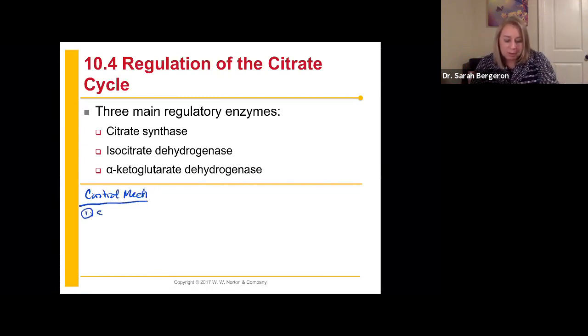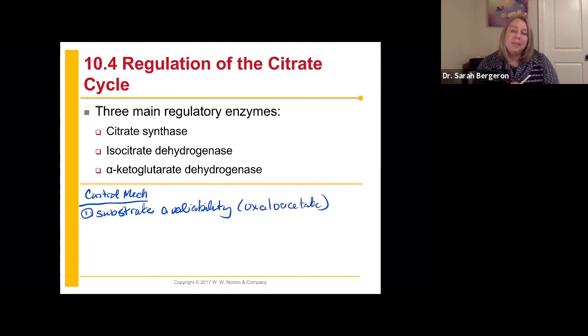Well, one is substrate availability, and you can put oxaloacetate. The other one is you can talk about product inhibition, right?